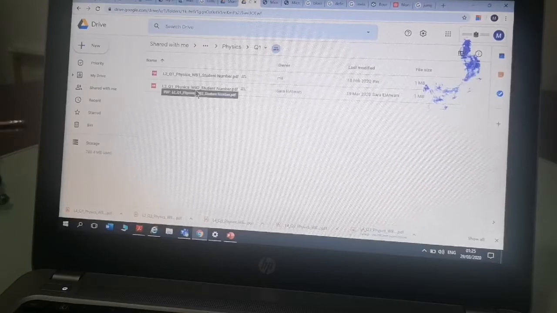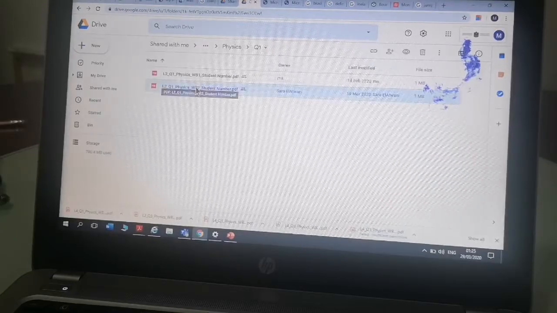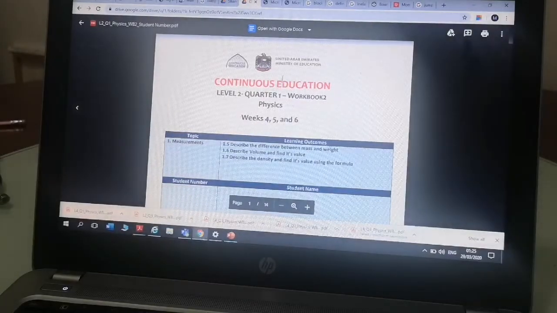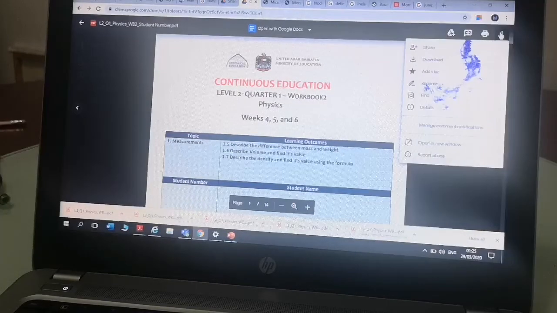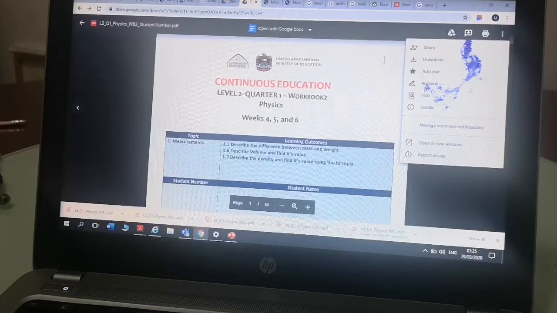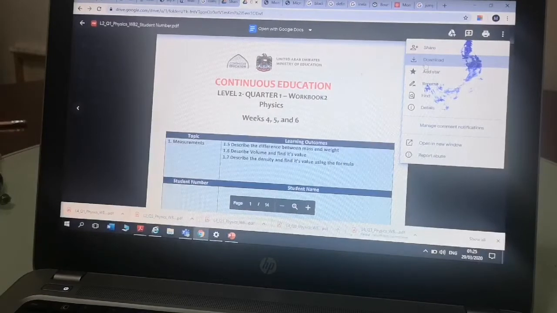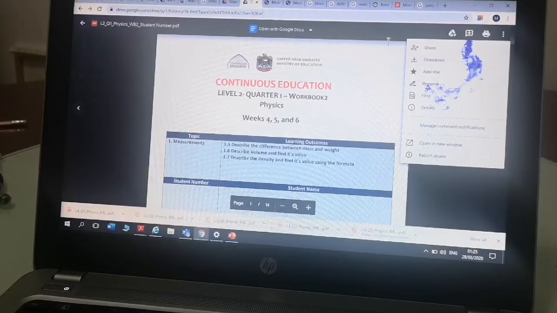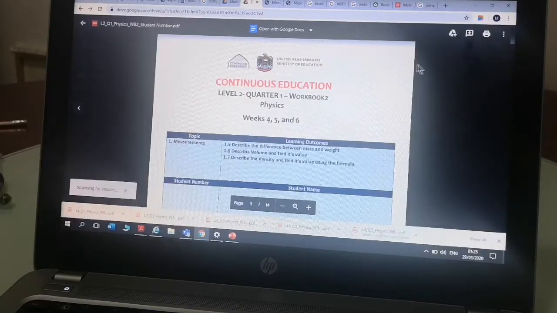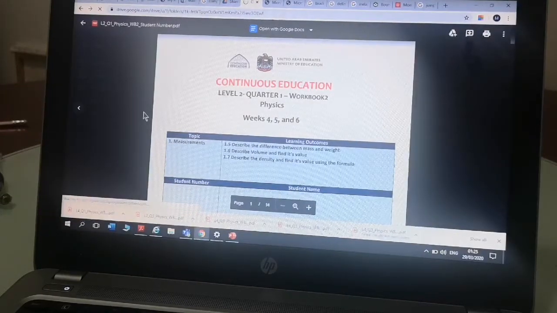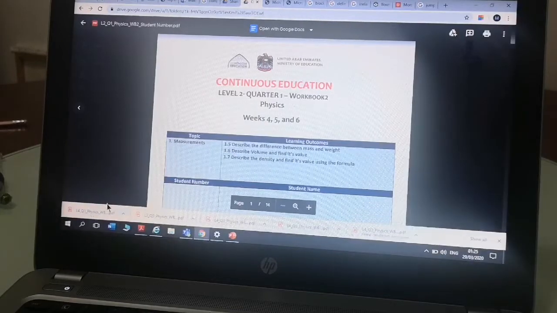Now, the focus for this is workbook 2. Let's open it and download it, because you want to write on it, and you could open it in Notability on your iPads if you have them. If you don't have anything like this and you're on a laptop like me, you can just download it and then open it in another online software.